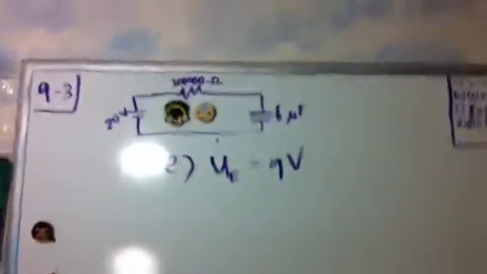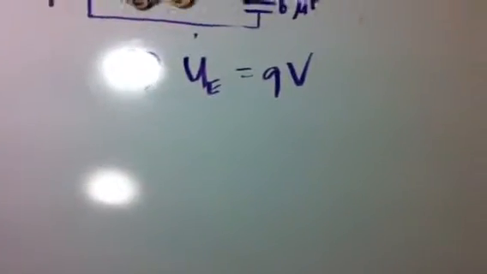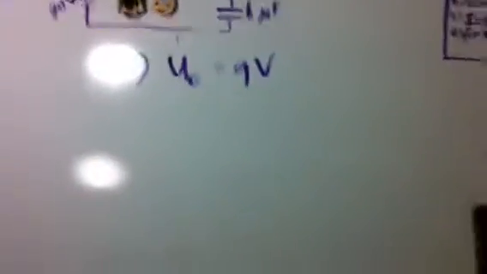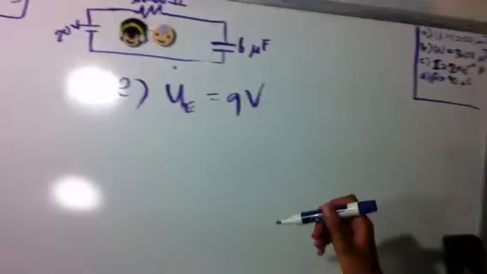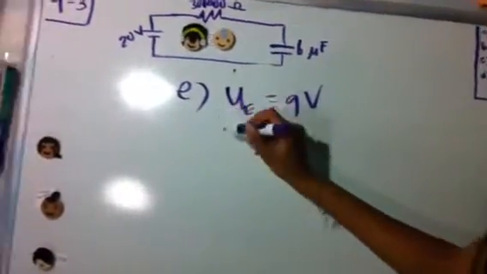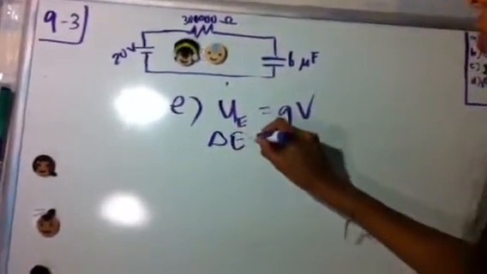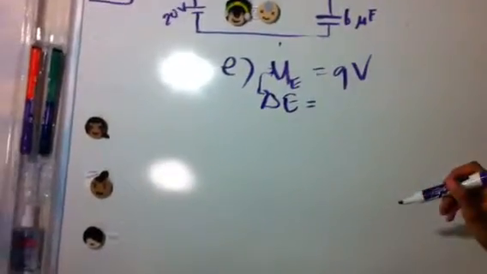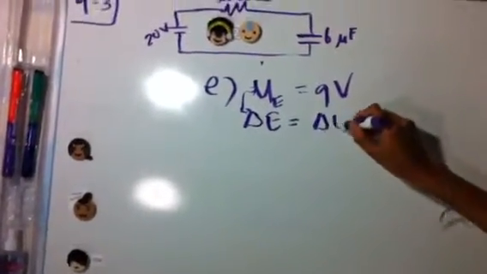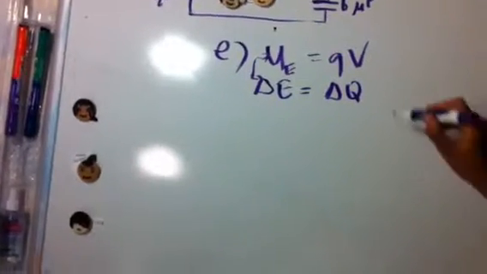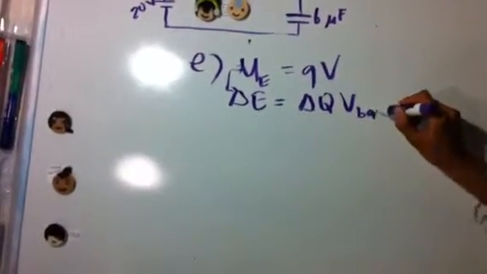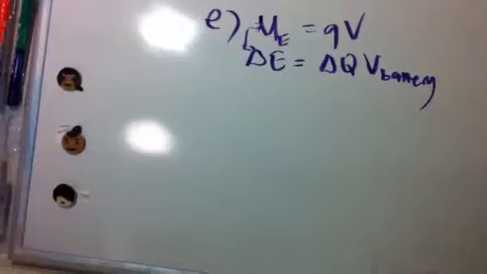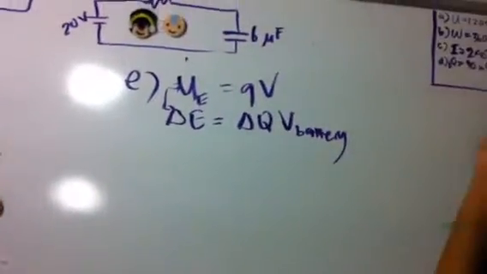The potential energy of the electric field is equal to total charge times the voltage. So in this case, if we're going to put it into terms for this problem, total delta E is equal to delta Q, because there's a change of charge, times V, which is just the EMF.